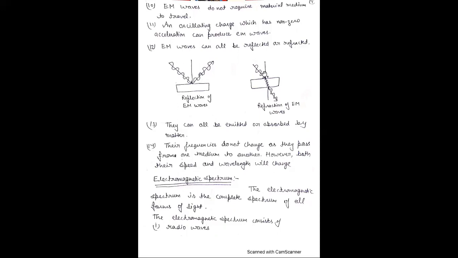Now the next is the electromagnetic spectrum. As we know, it is the complete spectrum of all forms of light. There are a number of waves.